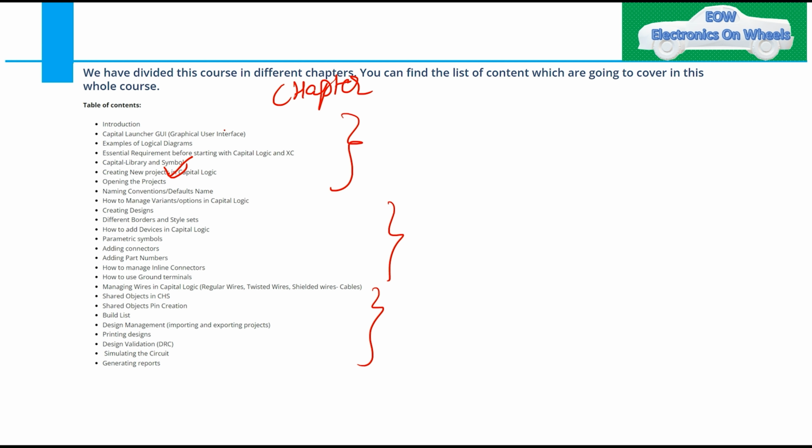So till here we have covered what you can see in the content list. Then opening the project, naming and convention of default name, how to manage the variant option in Capital Logic, creating design, different border and style, how to add devices in Capital Logic, parametric symbol, adding connectors, part numbers, how to manage inline, how to use the ground terminals, managing the wires in Capital Logic: regular wire, twisted wire, shielded wires, shared object in the CHS, then shared objects in the pin creation, what is the build list, which we were discussing, and how it is used to integrate or synchronize from Capital Logic to Capital XC, design management, printing, the design validation, we will see the DRC, what it means and why we do it, then simulating the circuit and generating the reports.